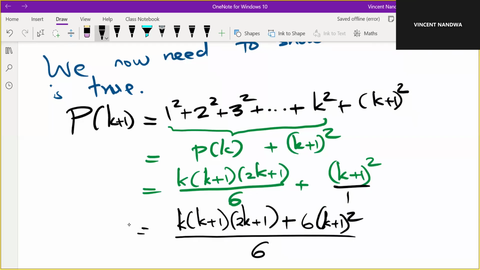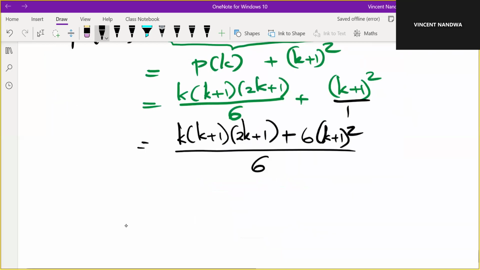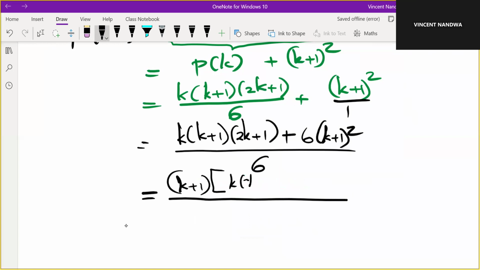Now ask yourself, what is common to these two terms in the numerator? k plus 1. So we will have k plus 1 outside, into k into 2k plus 1, plus 6 into k plus 1, because it was squared initially. So one we have taken outside, and just k plus 1 remains there.